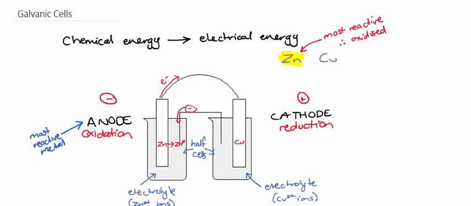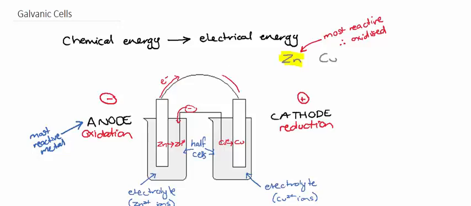So looking back at our cathode half cell, we've got our copper ions in solution, and they are going to be reduced to copper metal. So we're going to get a deposit on this electrode of more copper. Now, in order for the reduction to occur, we need to add electrons to these copper ions, and that's what's happening here.